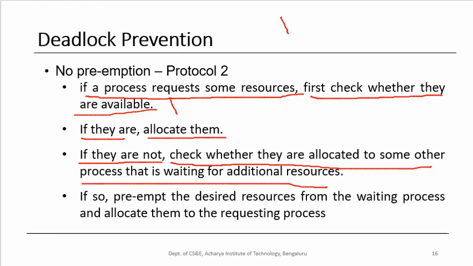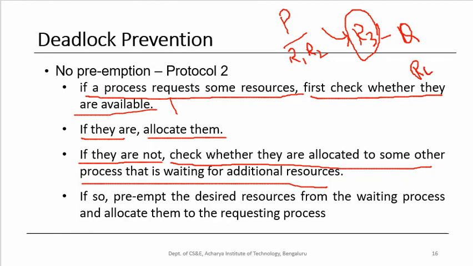That means if P is using the resources R1 and R2 and making a request for R3, and if R3 is held by another process, let's say Q, which is waiting for some other resource R4, then there is no point in making P wait, because Q is holding R3 and waiting for R4.